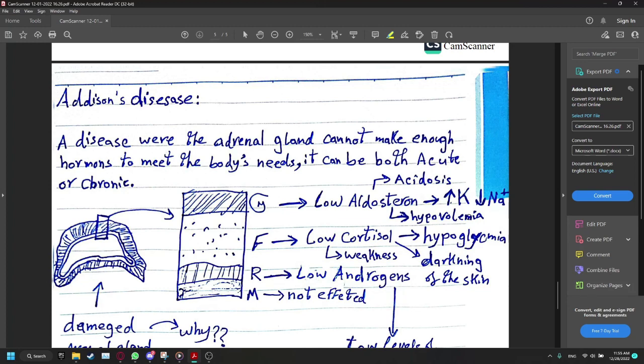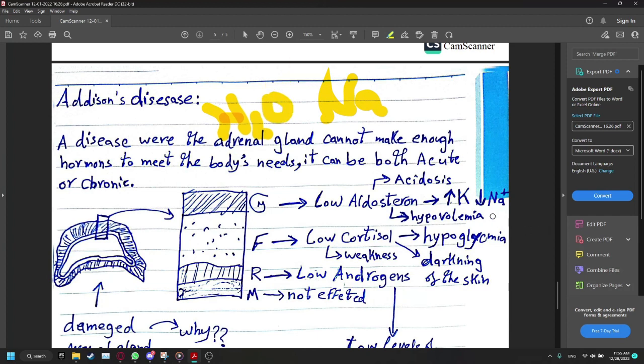Why, you may ask? Because naturally, water follows sodium. That's a rule everyone knows. So sodium grabs water with it, H2O, wherever it goes.